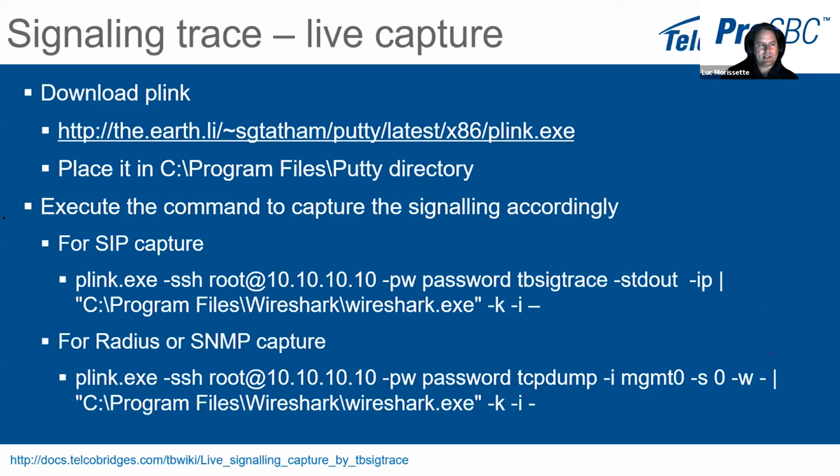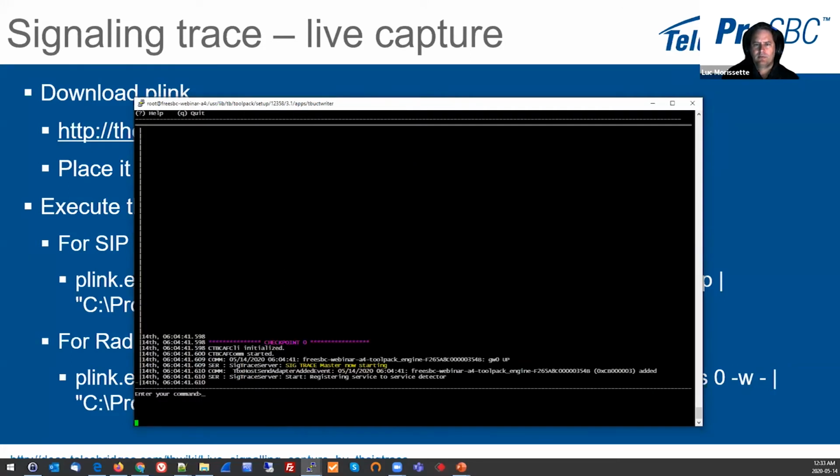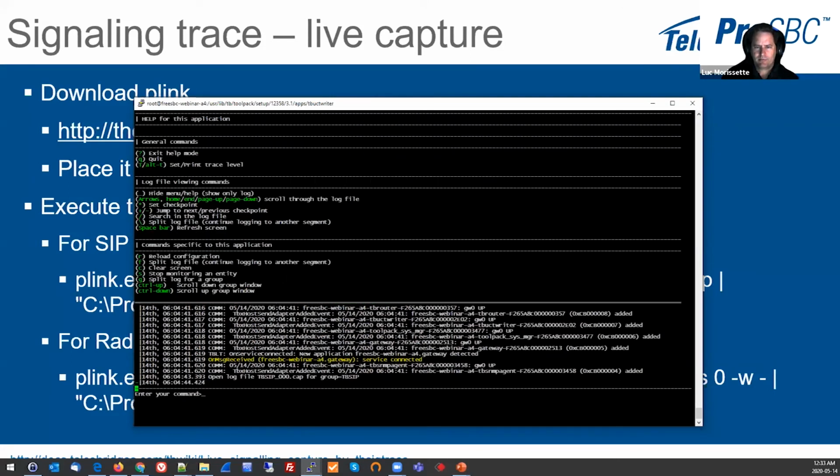So for TBasic trace, is it possible to have filtering for a certain NAP only or certain calling number only? So let me just check. Let me just try something.